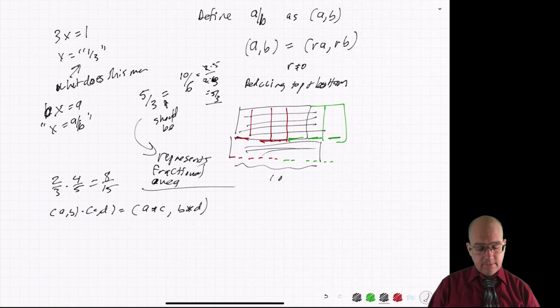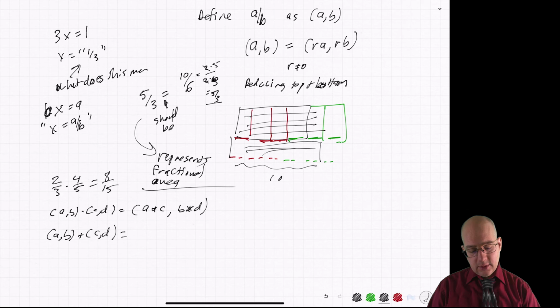All right. So multiplication's easy. Addition, however, is not. For that, basically you want a common denominator, and then you can count them. I'm not going to get into the why of that, but that's the form, and so this is kind of a definition of the multiplication here.